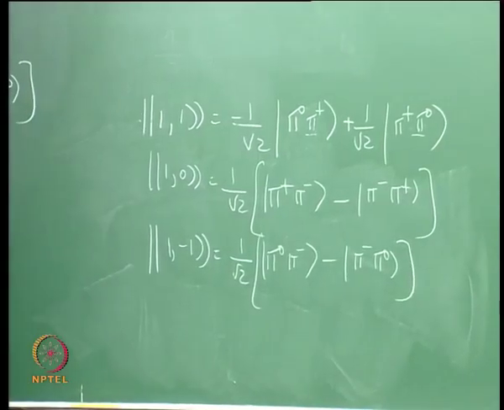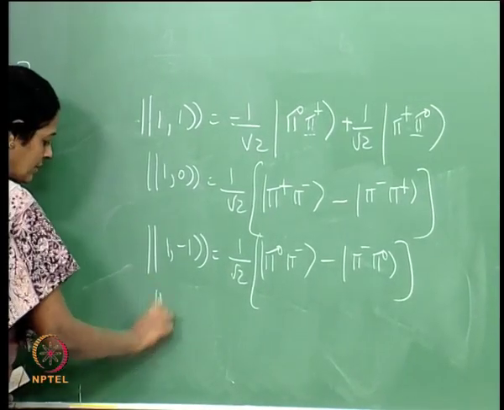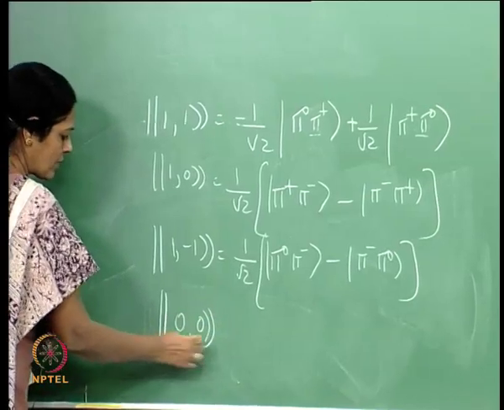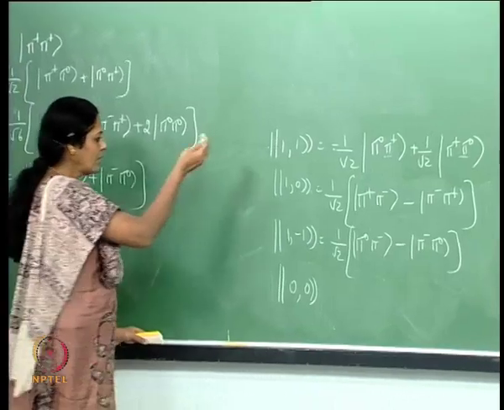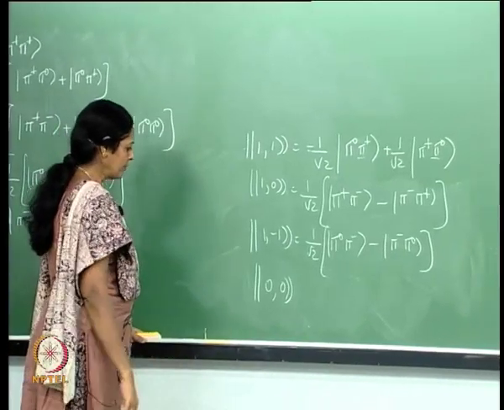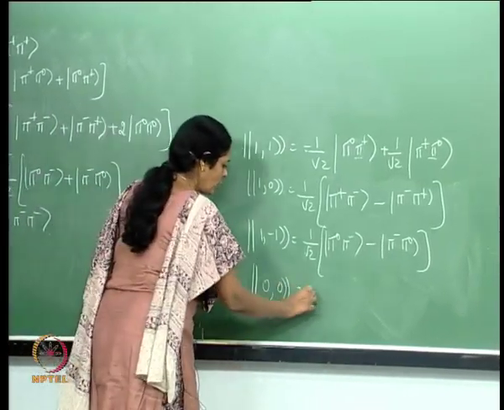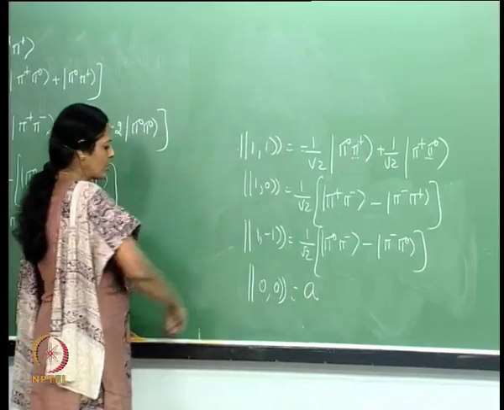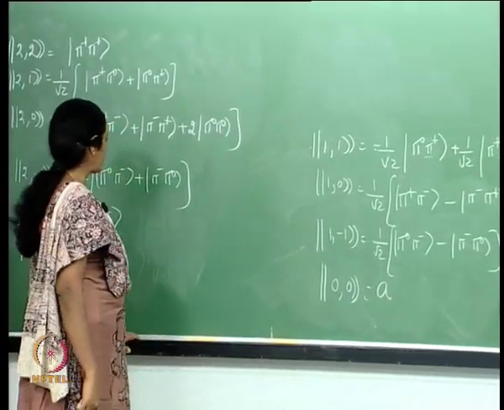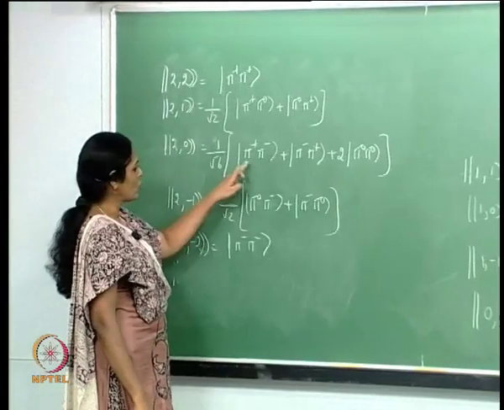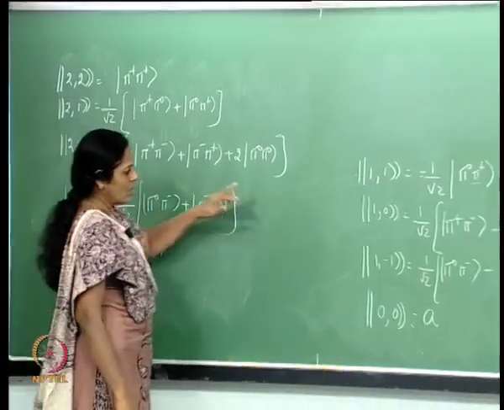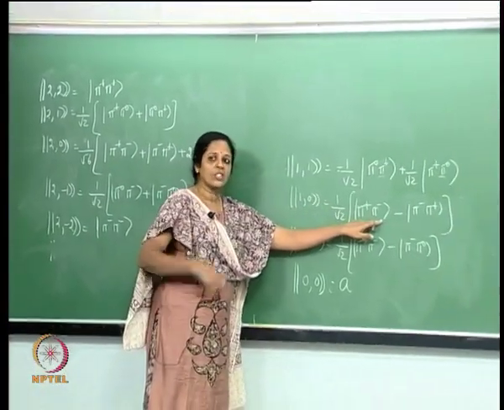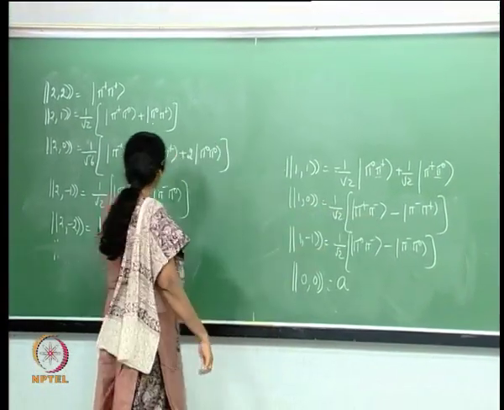I need to now find 0 comma 0, the coupled state 0 comma 0, the iso-singlet state in terms of the uncoupled basis. I know that the contributions come from the same set of states that contributed to 2 comma 0 or 1 comma 0. Recall that 1 comma 0 did not have pi naught in it.